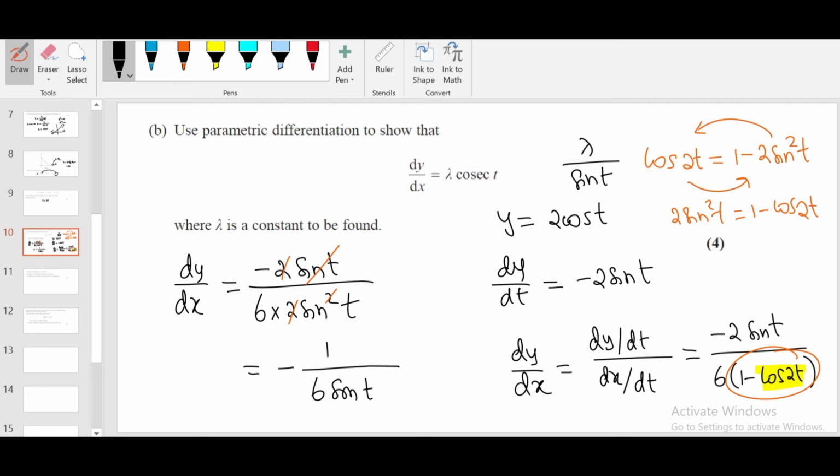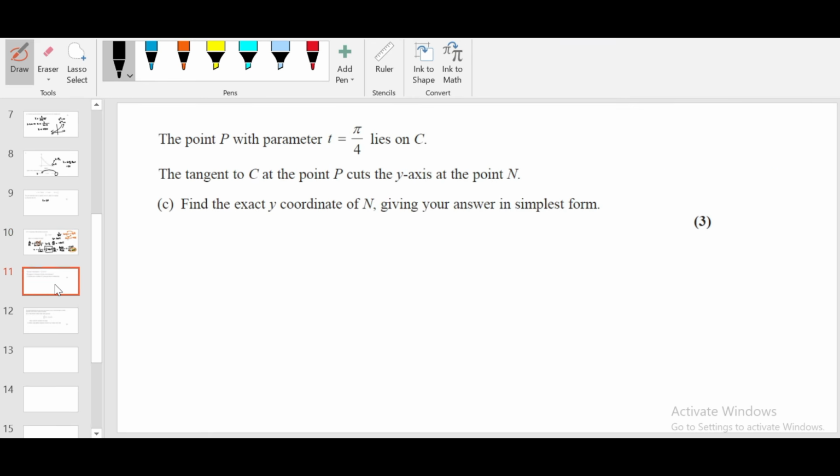So the answer is basically minus 1 over 6 cosecant t. That's the answer. Where lambda is, you don't need to separately write lambda, I'm just showing you. Lambda is minus 1 over 6. That's all.